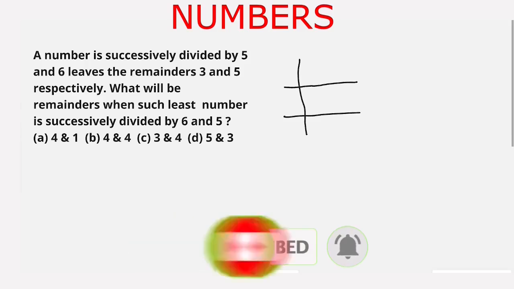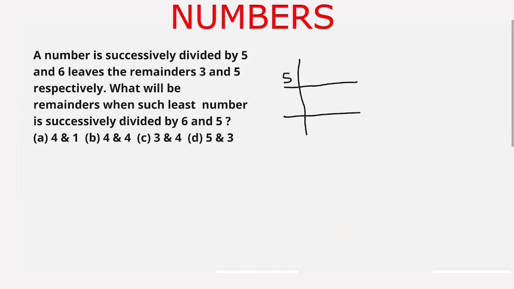Our first divisor is 5 and the successive divisor is 6, and the first remainder is 3 and the successive remainder is 5. The last quotient is 0. 6 multiplied by 0 plus 5 is 5.